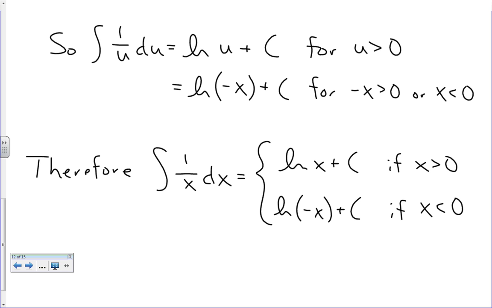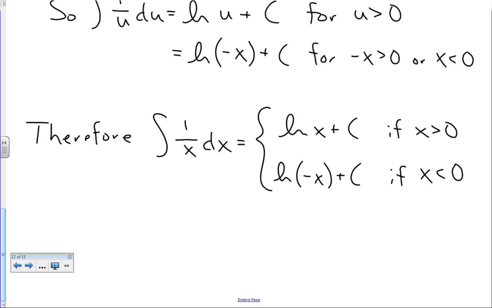We have not quite gotten to the point where we've proven this is the natural log function. And so it turns out in either case you're taking the ln of x, in the first case when x is greater than 0, or the ln of the opposite of x. Well, the opposite of x, since x is less than 0 in that case, turns out to be a positive value. It turns out you're taking the ln of a positive number.